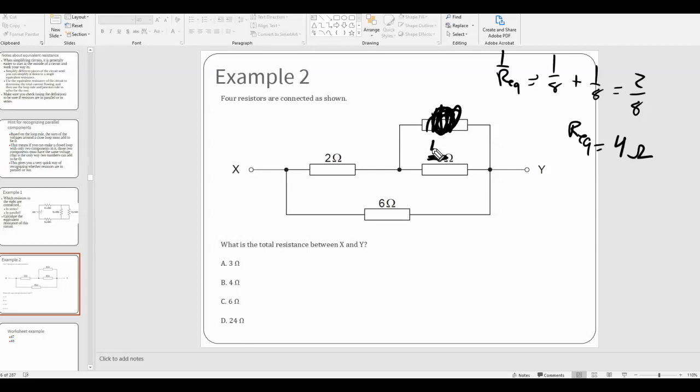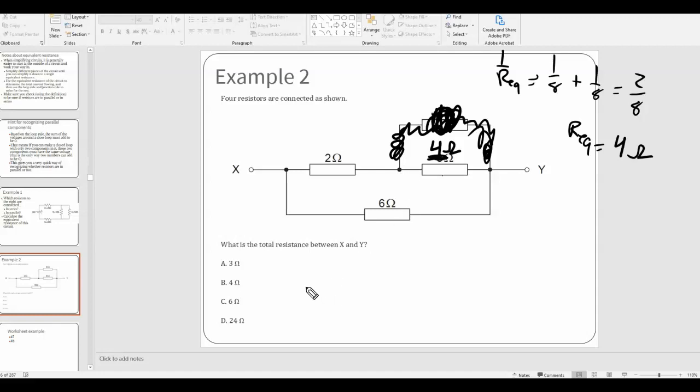And basically what I now have is a circuit that has these two resistors and then this resistor down here. Okay, so ignore this upper path. I've basically just simplified it down to 1, 2, 3. Now that I've made that simplification, the 2 ohm and the 4 ohm resistor are now in series because I've simplified these two down, so there's basically no more junction here.